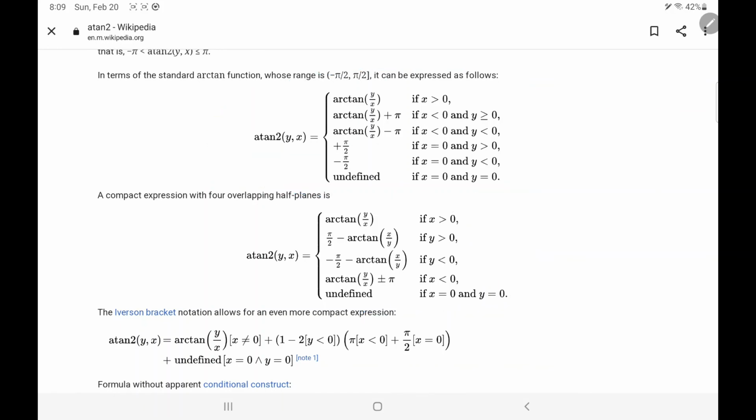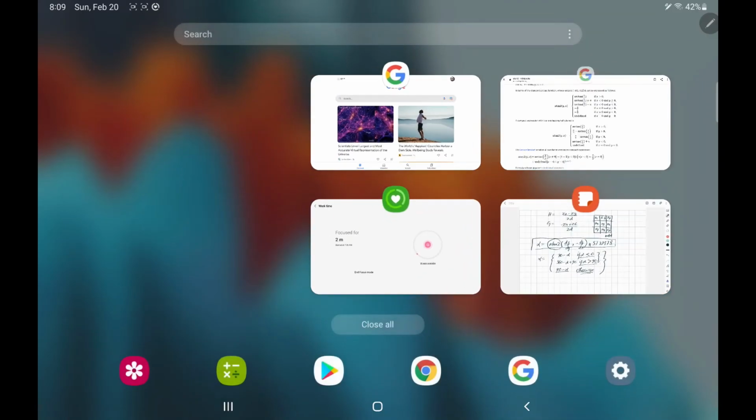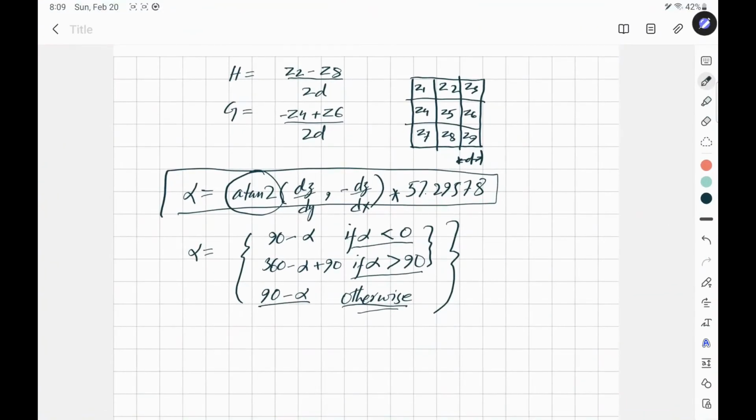What is the need of these conditions? This condition helps to convert the resulting angle into compass direction. So that's it. This is the theory about aspect.